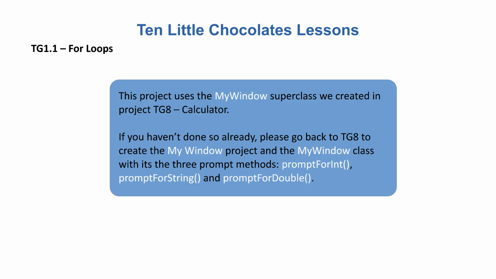If you haven't done so already, please go back to TG8 to create the MyWindow project and the MyWindow class with its 3 prompt methods. In this lesson, you'll write the words to the 10 Little Chocolates song to count forwards and backwards using the very useful for loops. I consider for loops to be one of the most powerful tools in Java programming and use them extensively in the programs I write.